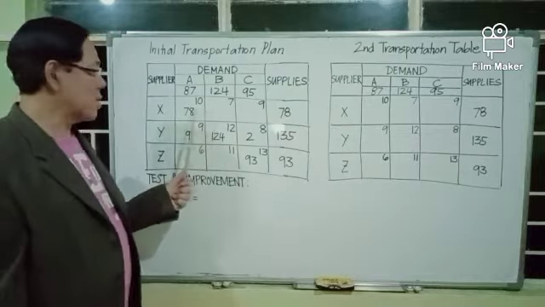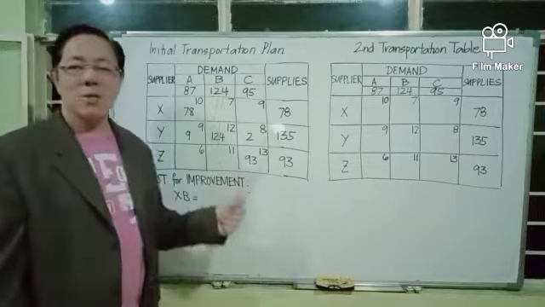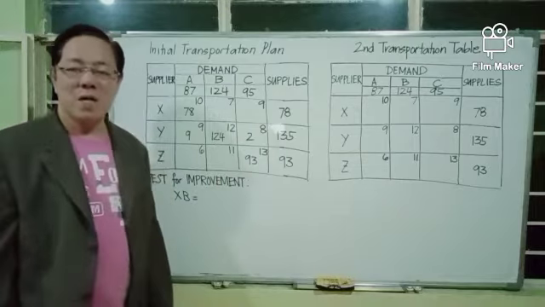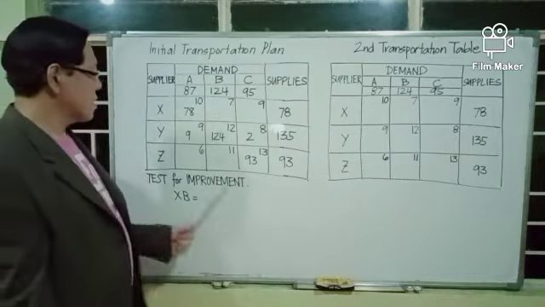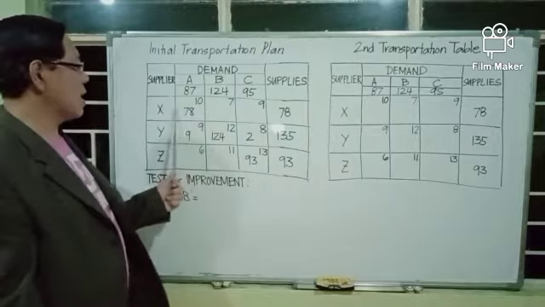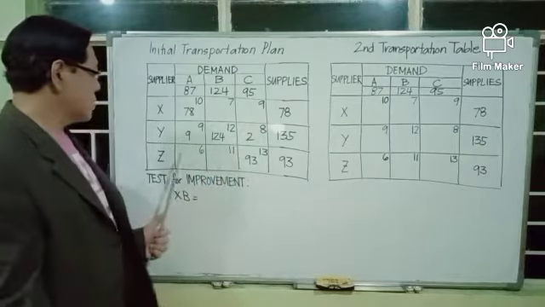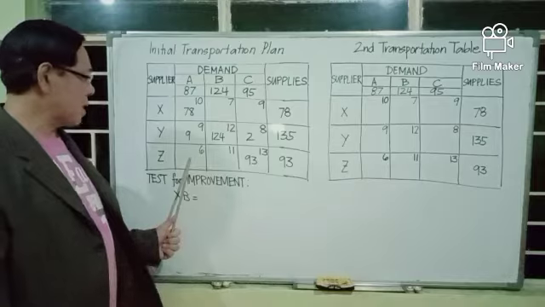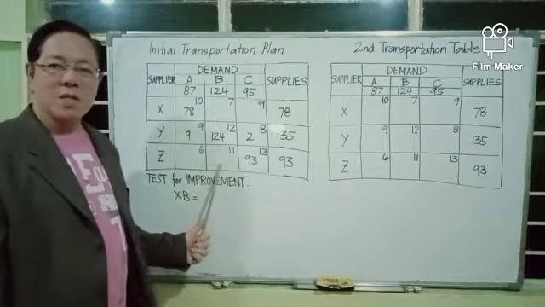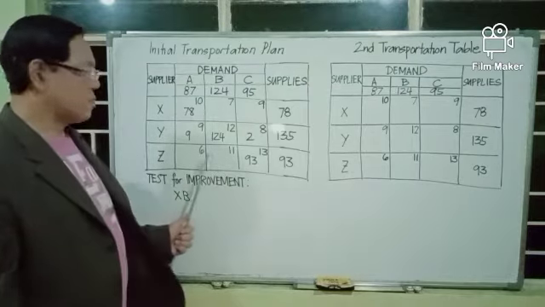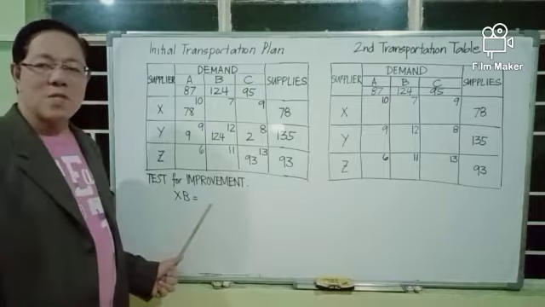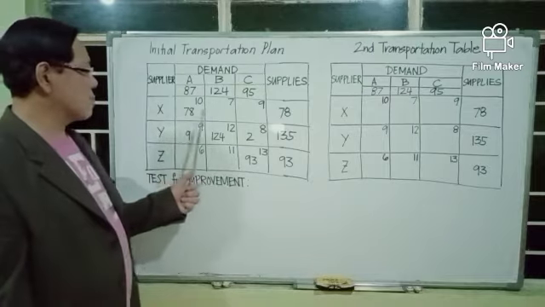So we will start with the vacant cell XB, but you can actually start with any of the vacant cells. You can start with this vacant cell XC, or this vacant cell ZA or this vacant cell ZB. For our example, we start with the vacant cell XB.